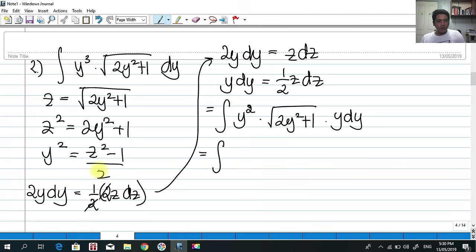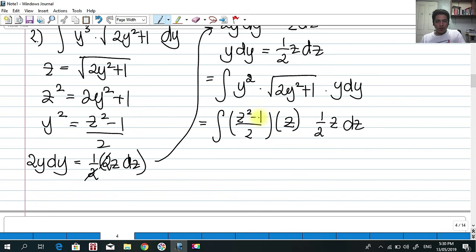In the integral, y squared is given by z squared minus 1 over 2, multiplied by the square root of 2y squared plus 1, which in our algebraic substitution is simply z, multiplied by y dy, which is simply 1 half z dz.